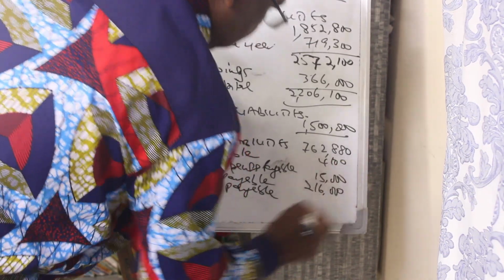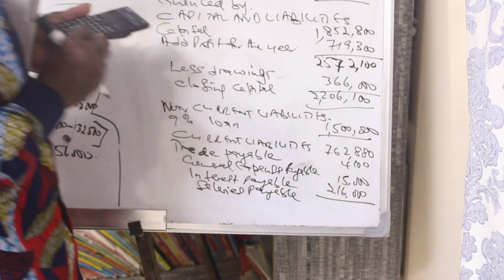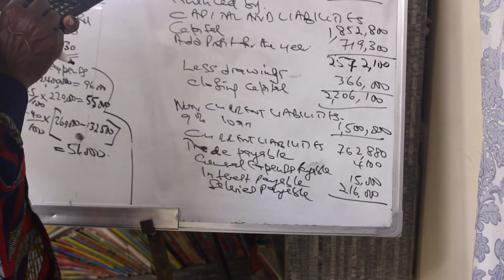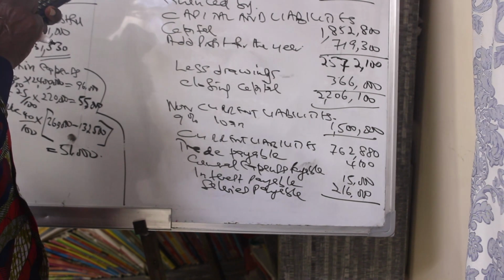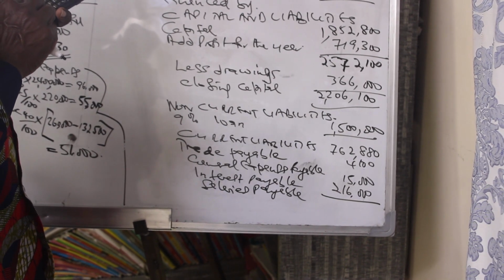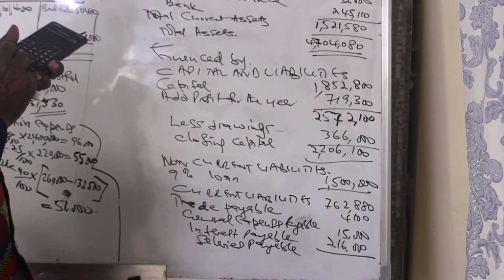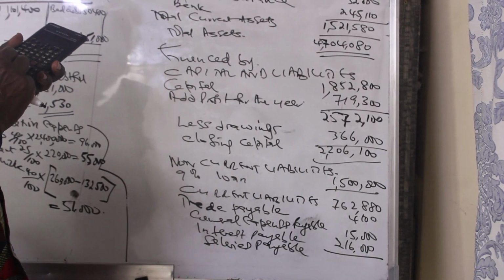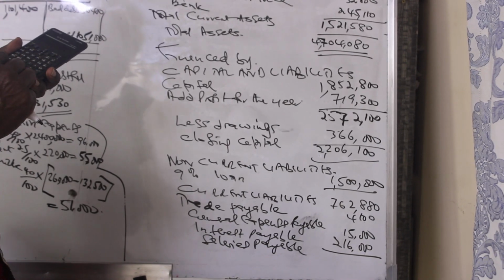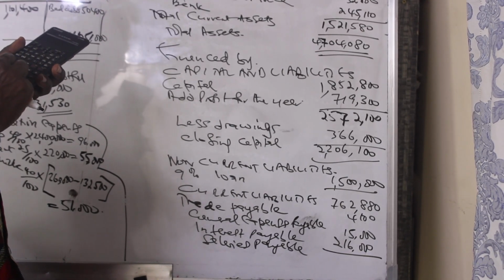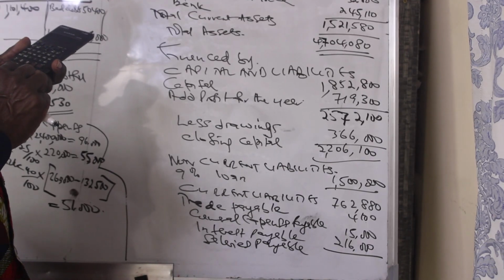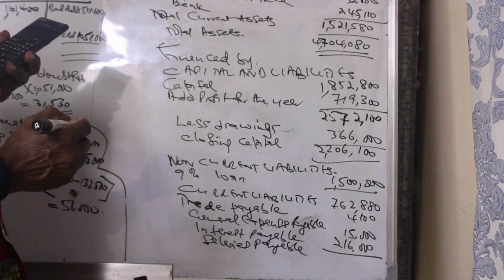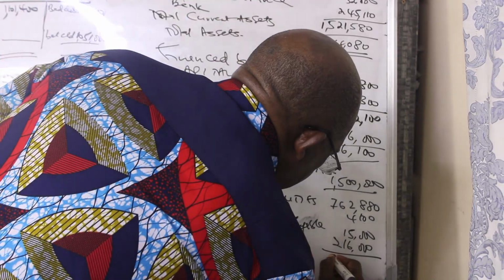If you add all that now, you get 762,880 plus 4,100 plus 15,000 plus 216,000. We get a figure of 997,980.